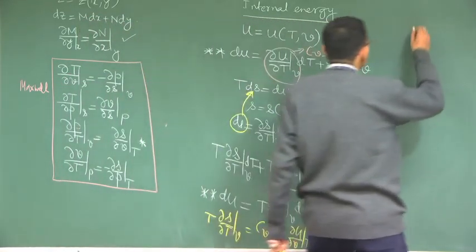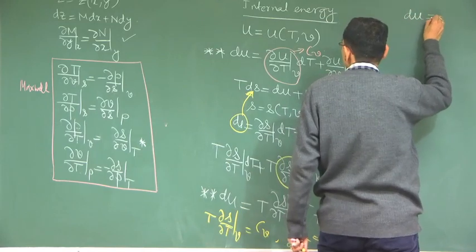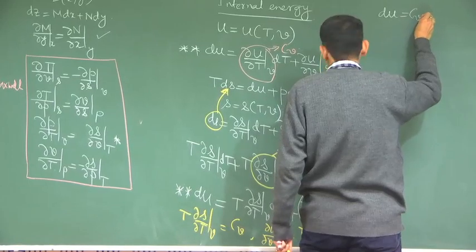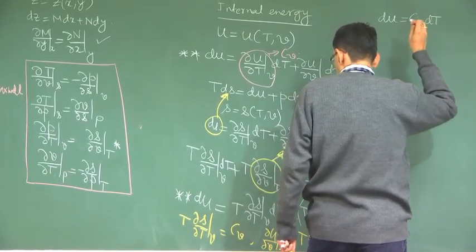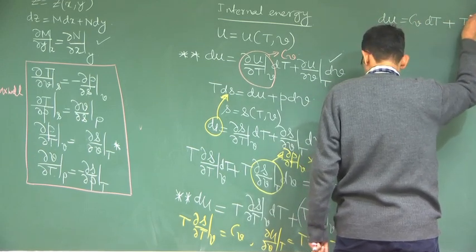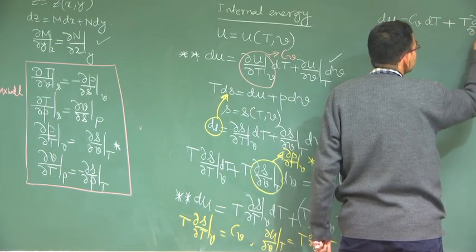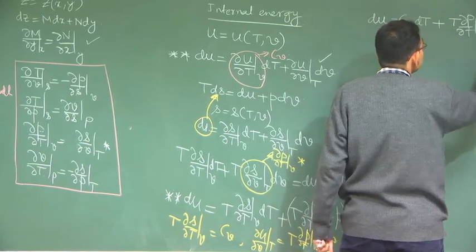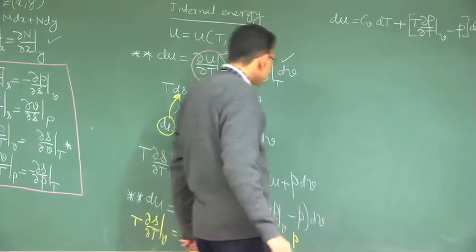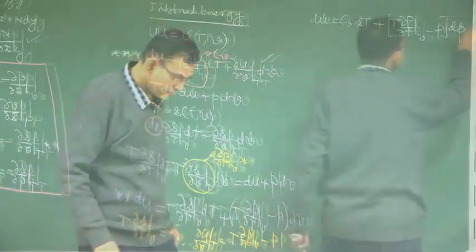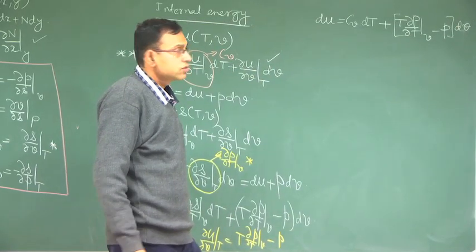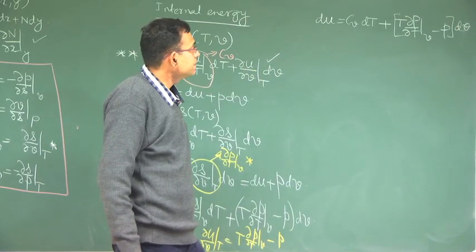So, to summarize, you can write dU is equal to, from this equation, CV dT plus T del P del T at constant V minus P dV, not dP. So, this is an expression.